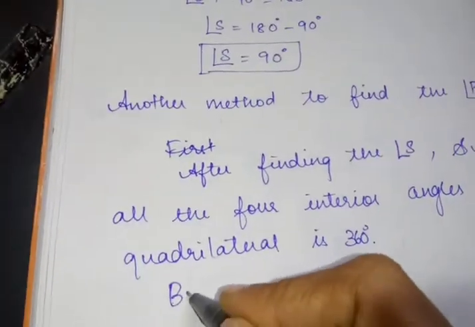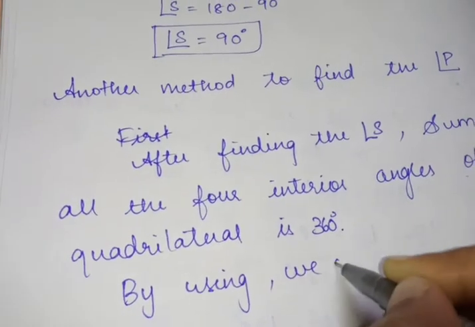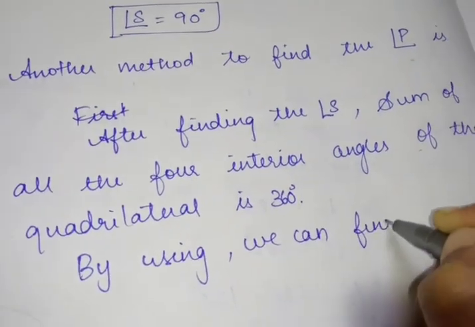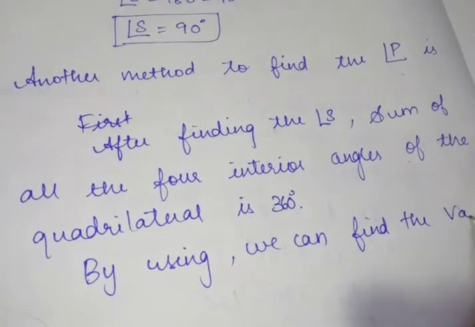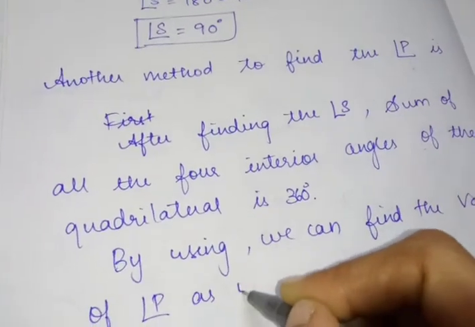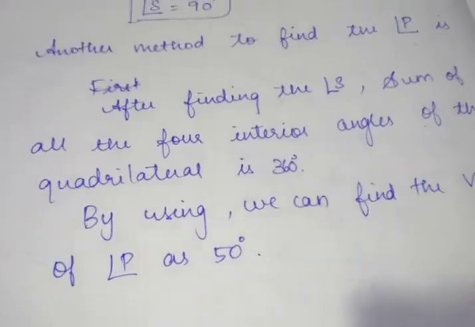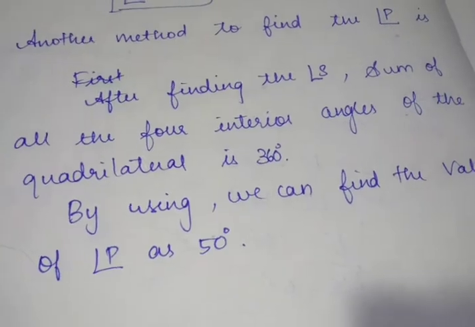By using this rule, we can find the value of angle P as 50 degrees.